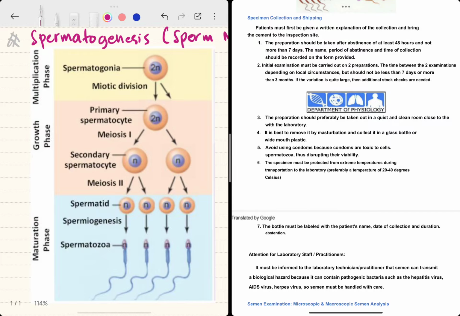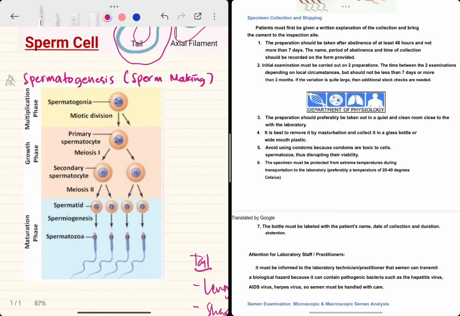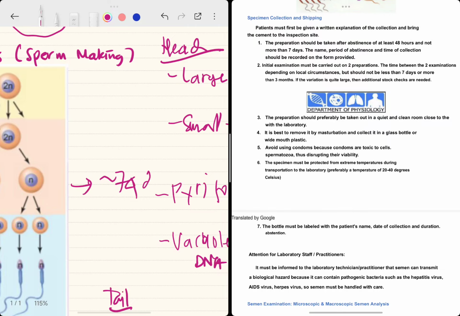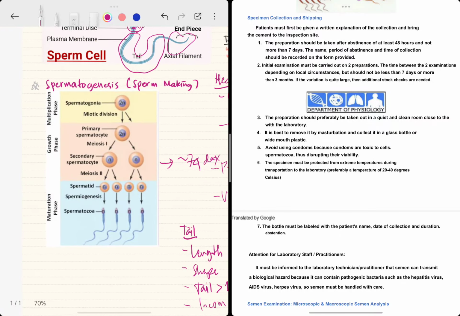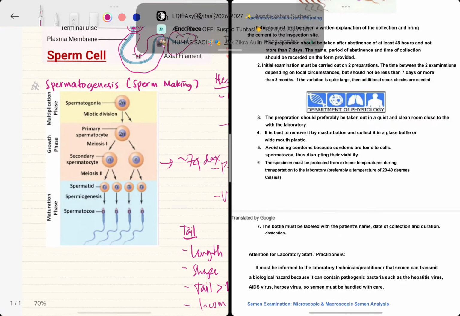Let's go to, oh yeah, I think I need to say this. If the man is having any toxin, fever, or medication that will affect, this spermatogenesis takes around 74 days in total. So if someone is having a fever, medications, or anything, it could actually affect the sperm quality around 2.5 to 3 months later.